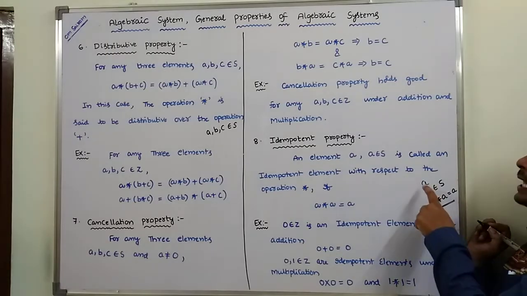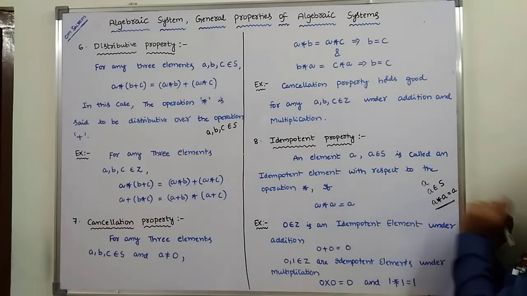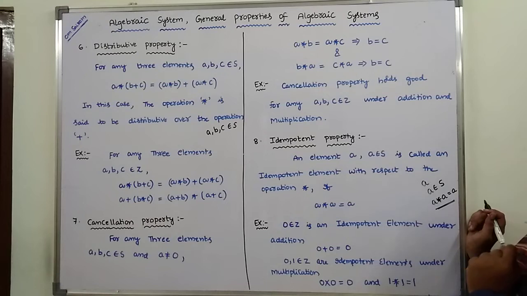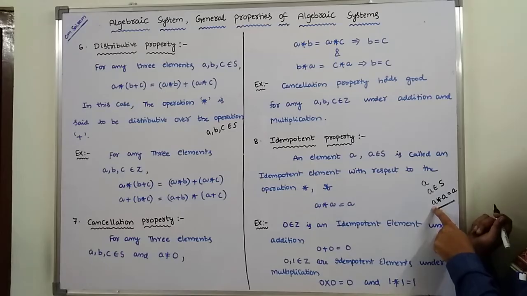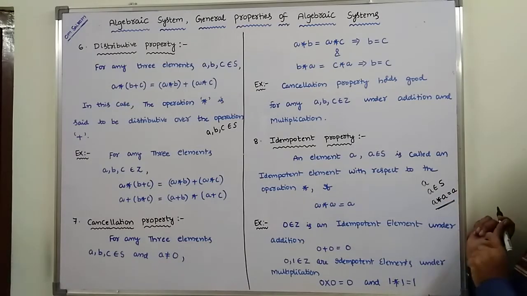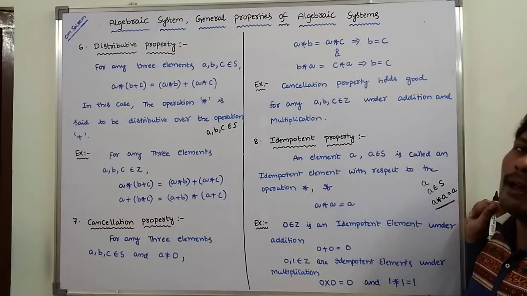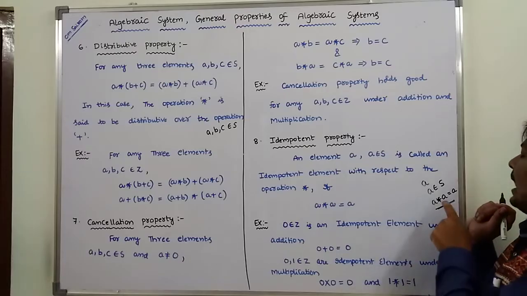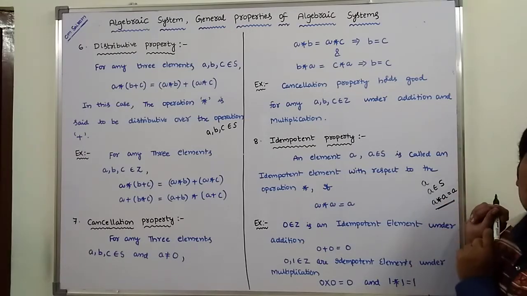Whatever element you take, the same element is multiplied with the same element, then we get the same element as the result. A star A is equal to A under the operation star.